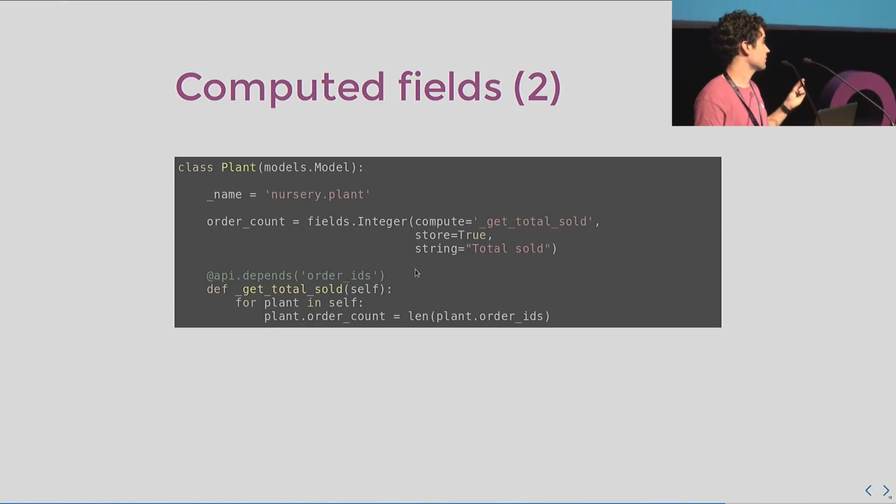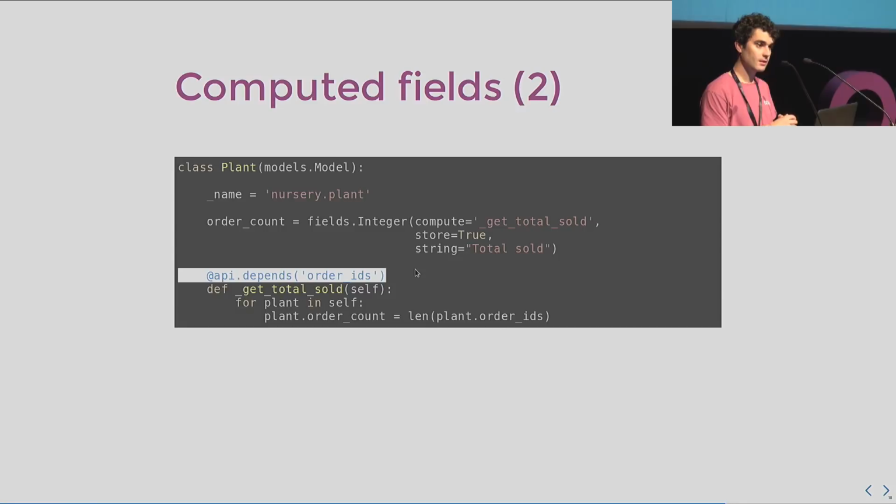One very nice and important attribute is over here, the decorator API.depends. This contains one or multiple field names, and is actually the trigger that specifies which fields are needed to compute my value.